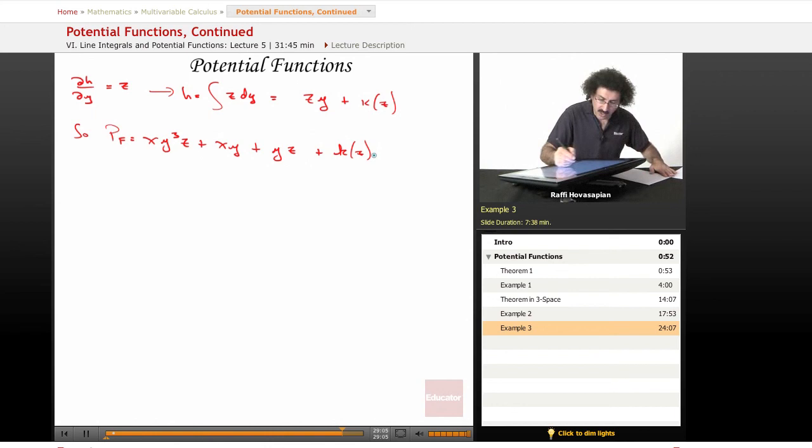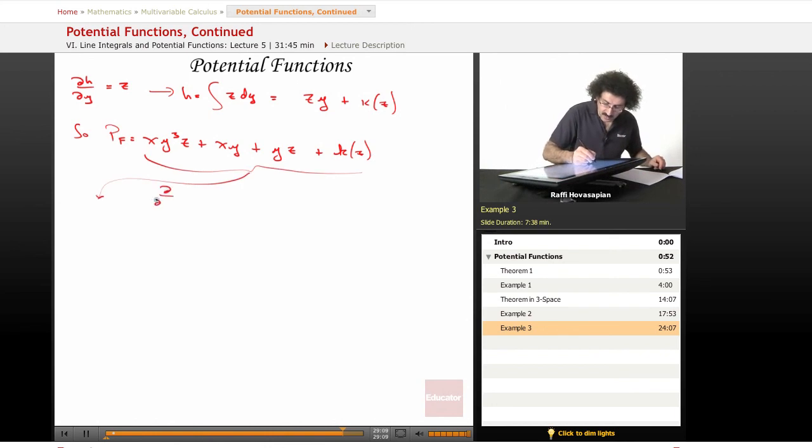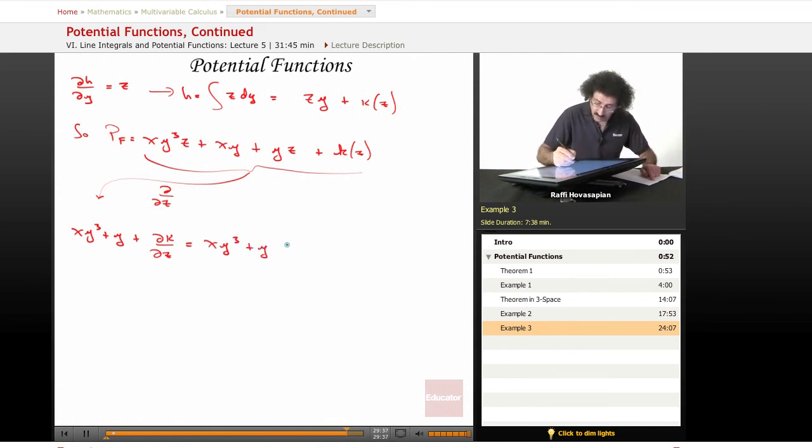So now I'm going to take d dz of this, and I get x y cubed plus y, because this is 0, so plus y plus dk dz, and that's going to equal our third coordinate function, which is x y cubed plus y plus 0.